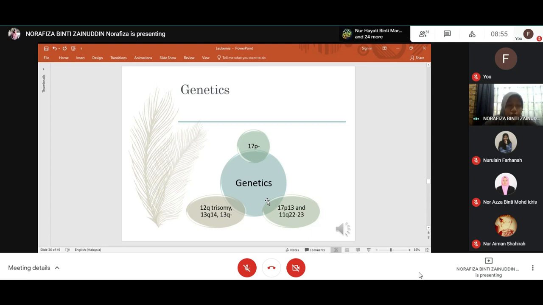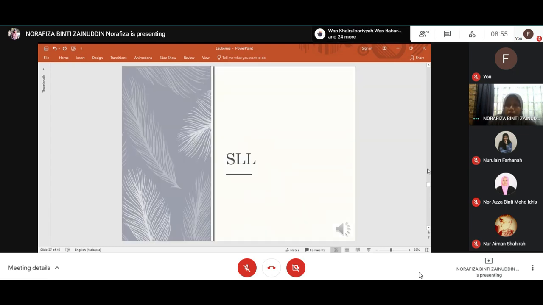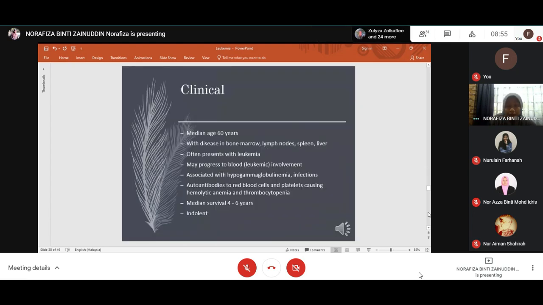Those with 12q trisomy, 13q14 abnormalities, and also deletions of 13q have somehow a better prognosis and the longest survival. Right. This is another variant, SLL.